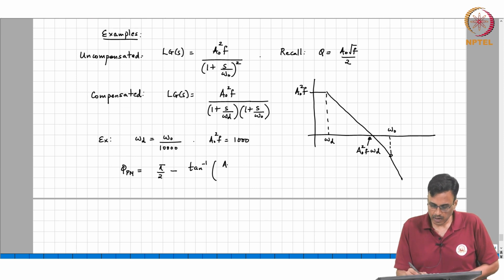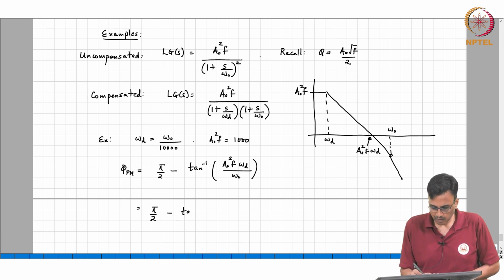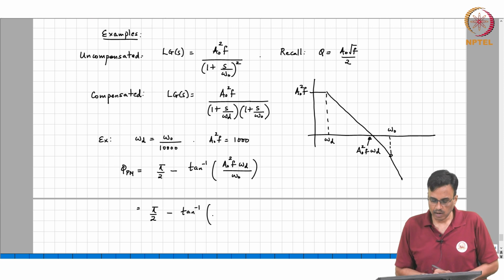It is A naught square f omega d by omega naught, which is nothing but pi over 2 minus tan inverse A naught square f omega d.